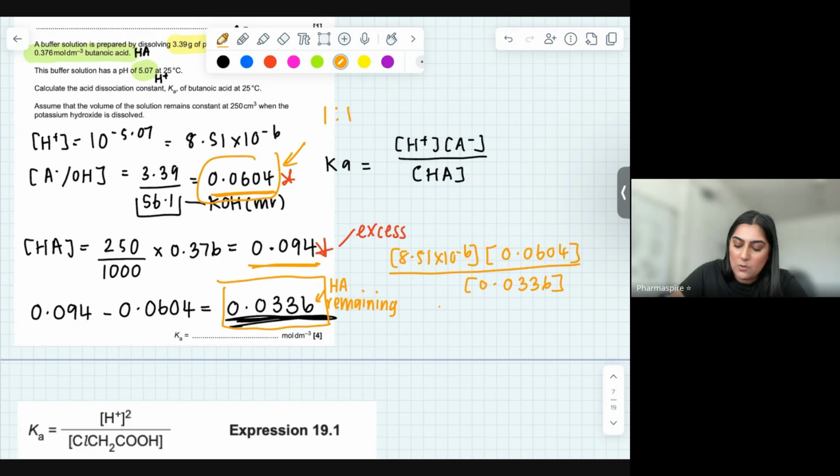So when you work it out, you should get your Ka as 1.53 times 10 to the power minus 5. Yeah?